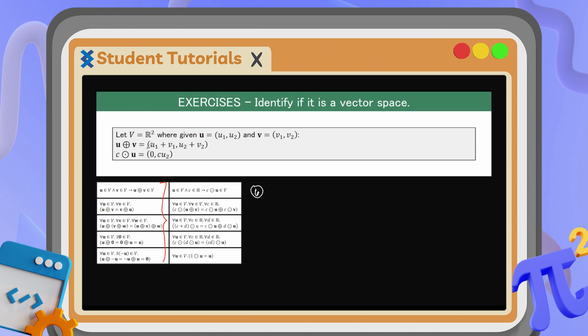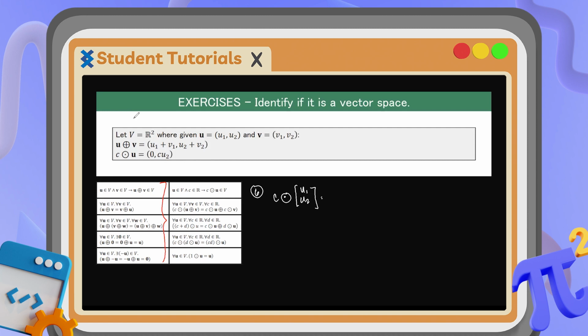So if we have a vector u and apply scalar multiplication to it with some scalar c, so let's add our c to the other side actually, then that should give us an element that is part of the vector space.